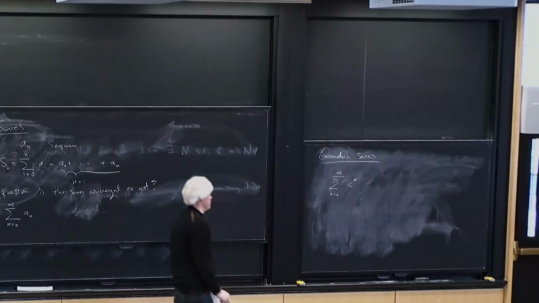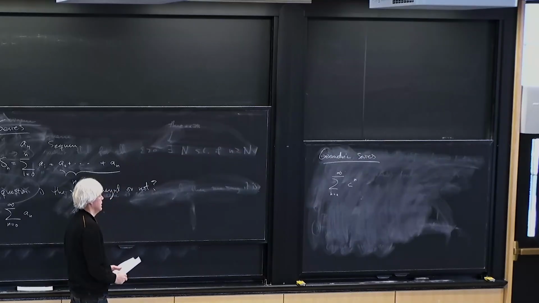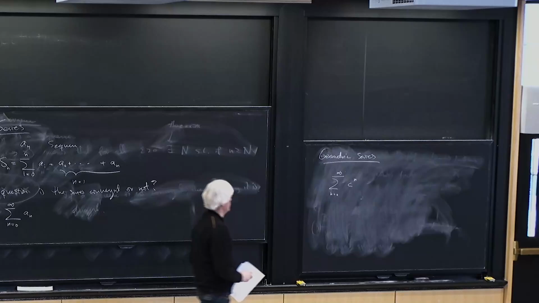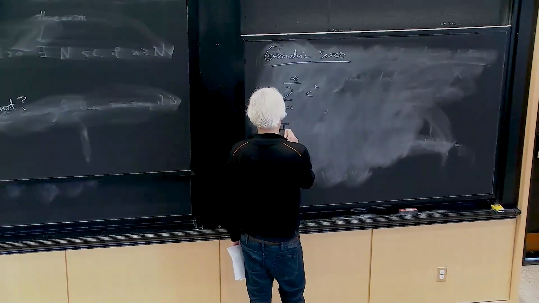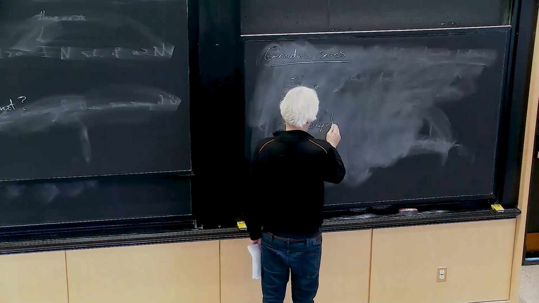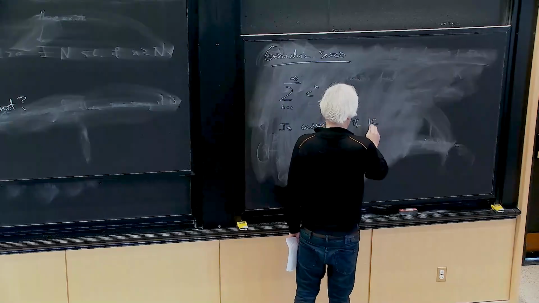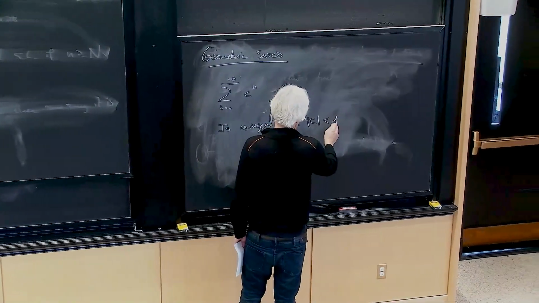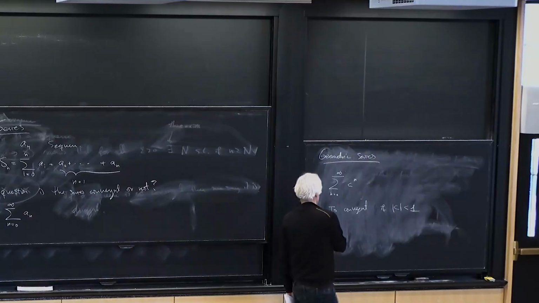So c is just some fixed real number, and you're looking at this. This is the geometric series, and it is convergent if the absolute value of c is less than 1 and divergent otherwise.